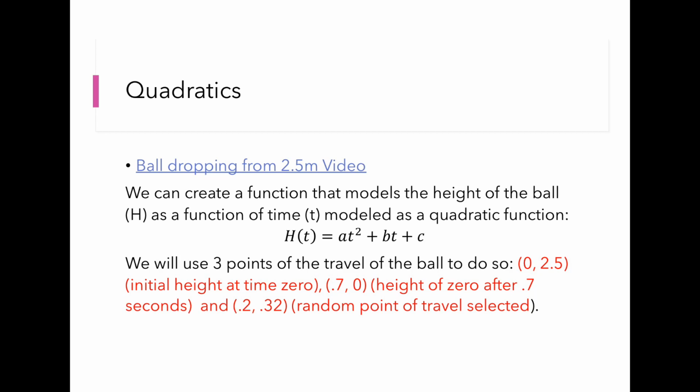So we need a third point in order to establish this particular equation. I just picked one of the random points from the path. I did simplify it a little. The actual value was 0.321, but I wanted to keep this a little bit simpler. The exact time was 0.2 seconds.